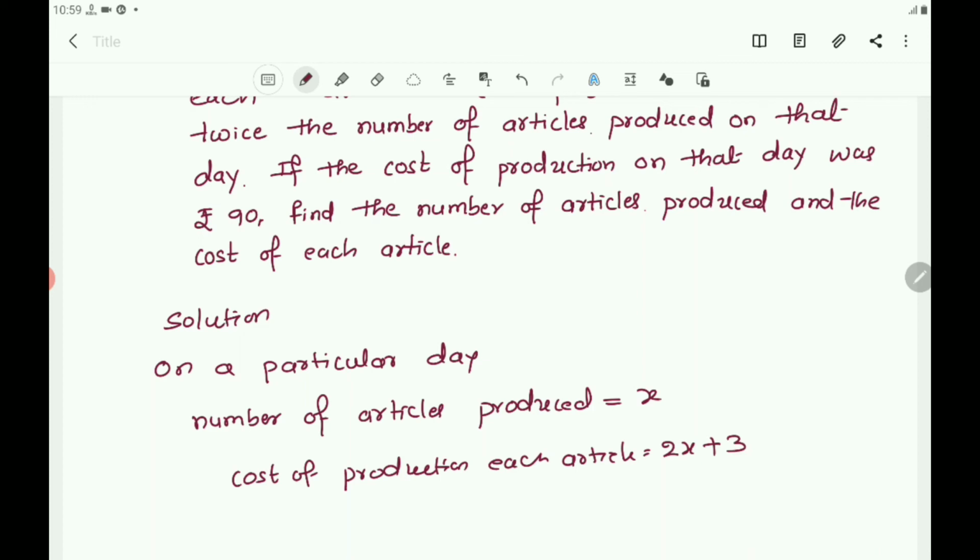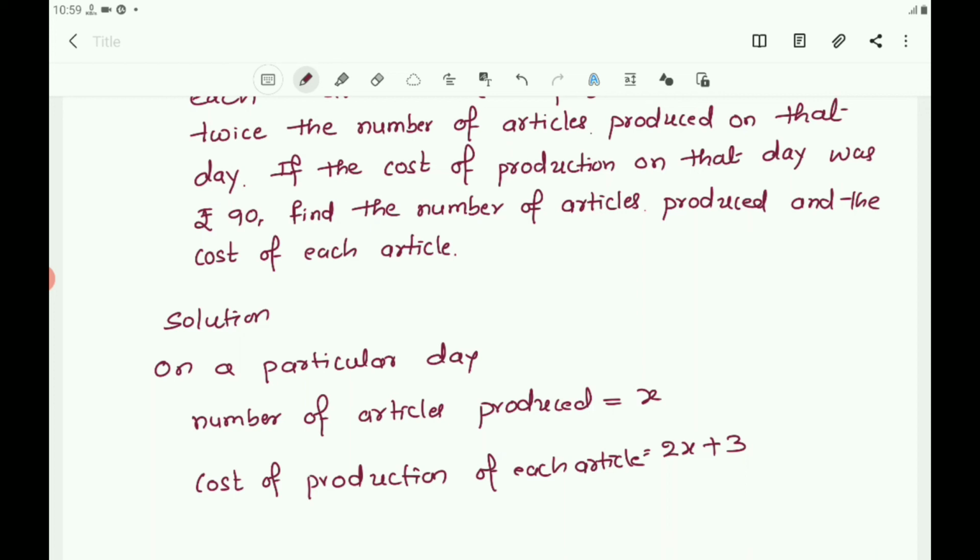Then the cost of production of each article equals 2x plus 3, where the number of articles equals x. The cost of production of each article is twice the number of articles plus 3, that is, 3 more than twice the number of articles produced on that day.